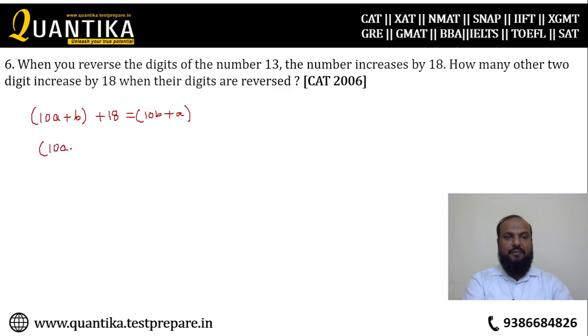So 10a plus b plus 18 is equal to 10b plus a. So this will be 9a plus 18 is equal to 9b. Again, a plus 2 is equal to b.